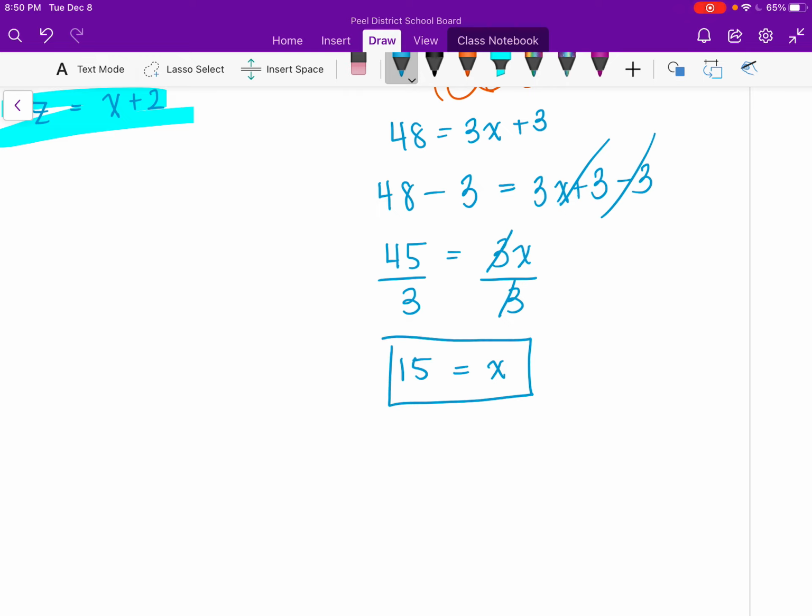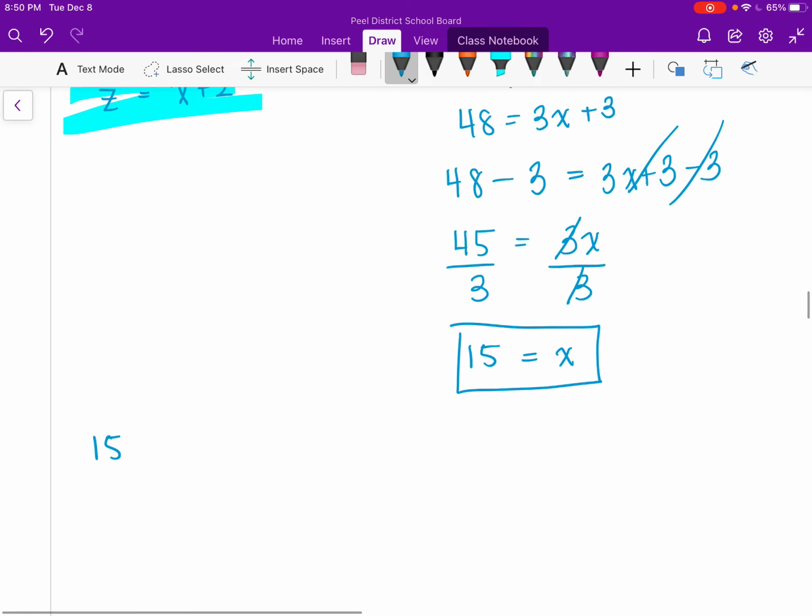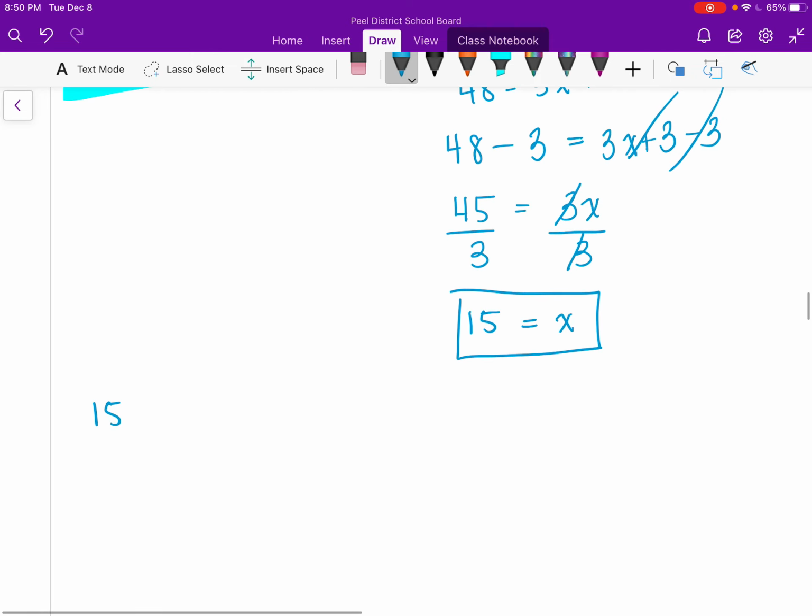So I have my first number. If I know what my first number is, I know the first number is going to be 15, right? The second number is going to be x plus 1. So I know that y is going to be x plus 1, which is going to be 16, right?